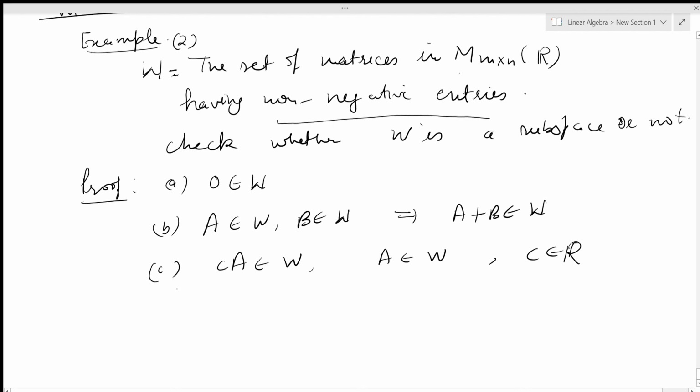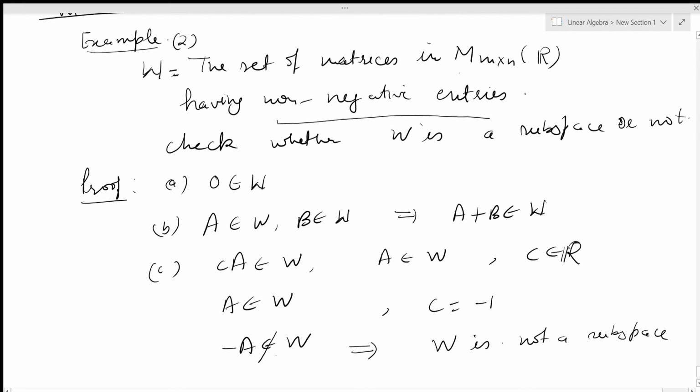You know that if A belongs to W, from real numbers you can take C as -1, also -2, -3, any negative number. If we multiply these two, is minus A in W? No, because W consists of all the matrices which have non-negative entries, and the matrix minus A has negative entries. So the scalar multiplication condition is not verified here, so W is not a subspace.